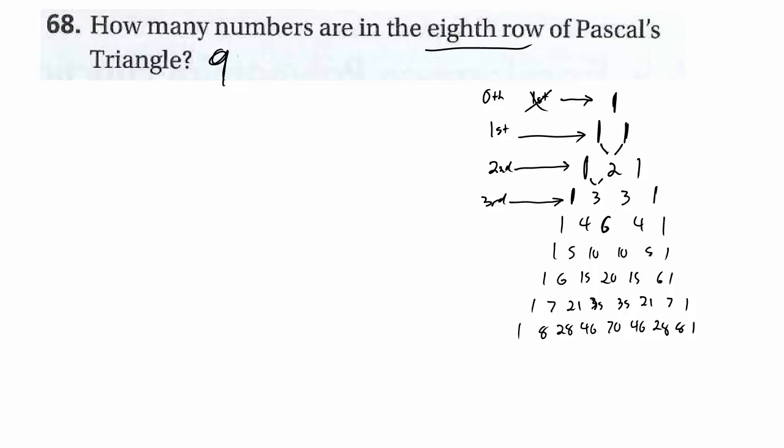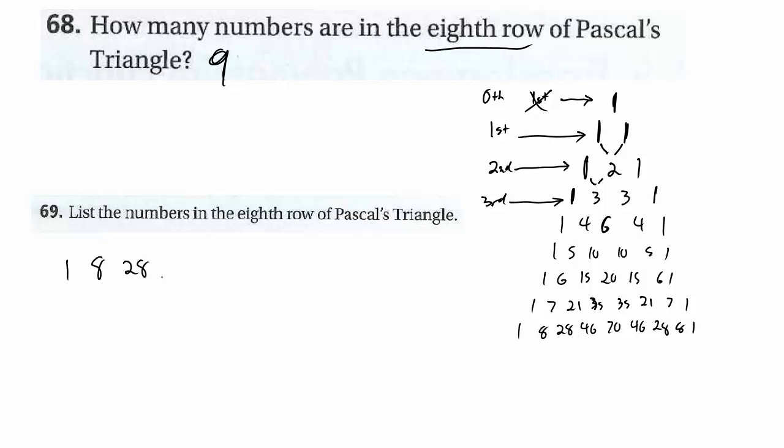Now, if you wanted to answer the next question, which asks what are the numbers in the 8th row of Pascal's triangle? So this is the 4th row, 5th row, 6th row, 7th row, 8th row. That way you have to actually generate it out. So those numbers are 1, 8, 28, 56, 70.